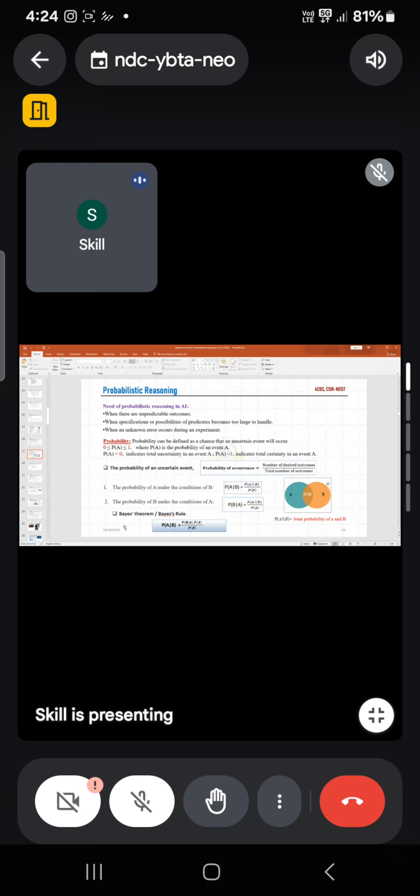So probability can be defined as the chance that an uncertain event will occur. And the probability of an event A is greater than or equal to 0 and less than or equal to 1.